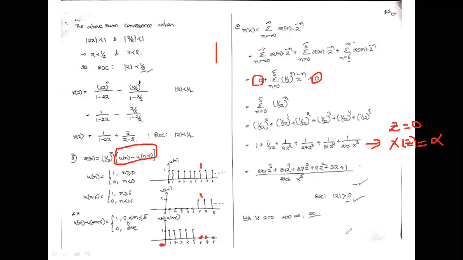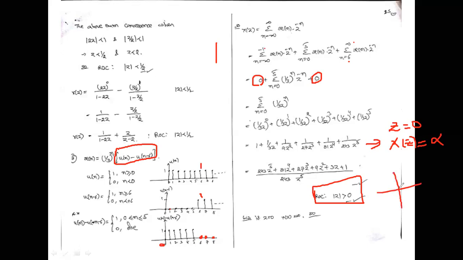Got it, my students? So the ROC is, since both of the functions are u of n and u of n minus 6, there is no confusion in the ROC. But which values exist and which values do not exist? At z equal to 0, the function becomes infinite. So take that as greater than 0 only. Except z equal to 0, all the values of z exist.